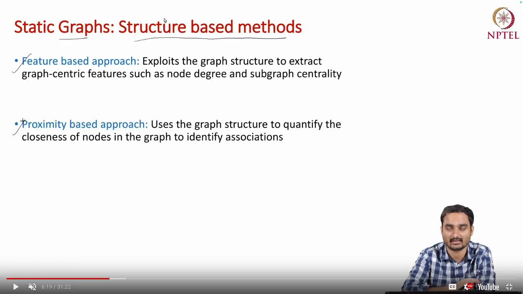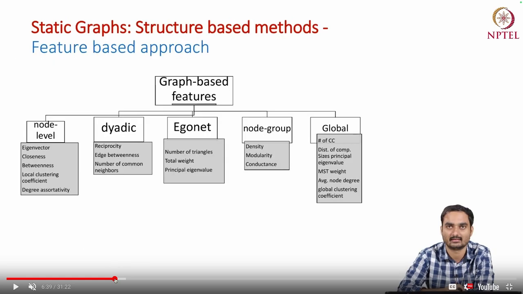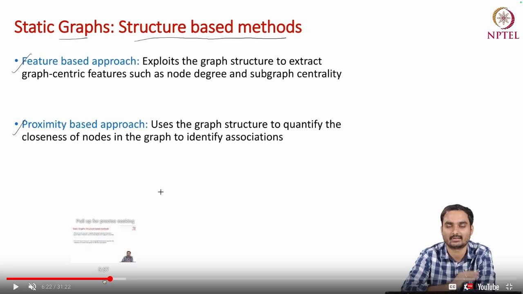They are structure based, but at a fine grained level, they are proximity based. Structure based is the right answer, but for common neighbors it's not structure based. Common neighbors does not depend particularly on structure. It depends on proximity. Neighbors are proximity only.